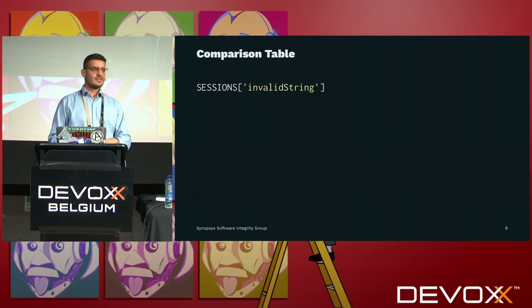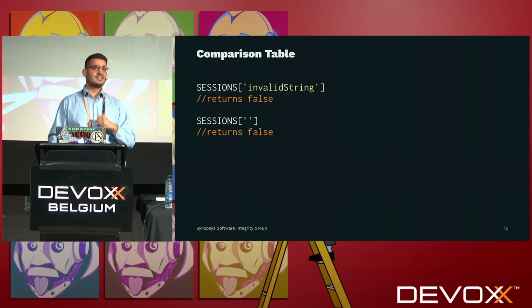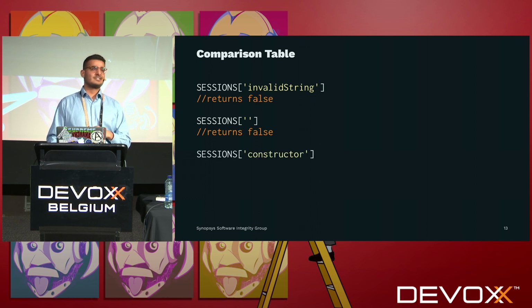Let's say the attacker has sent a token called invalid string. When we run it through our middleware, mustBeAuthenticated, it returns false. If it's empty, it returns false. But something really interesting happens when the string is called constructor.